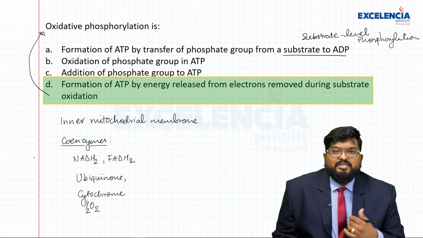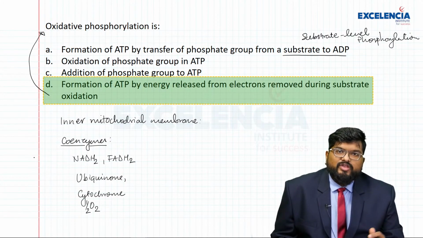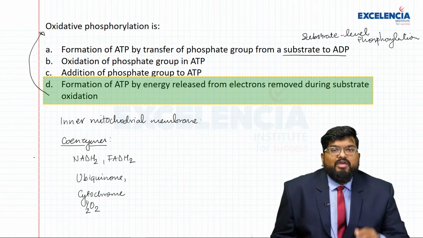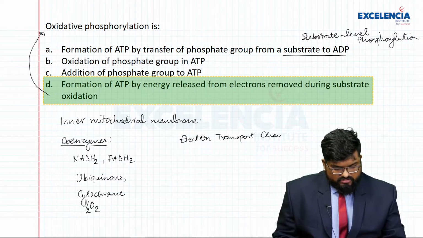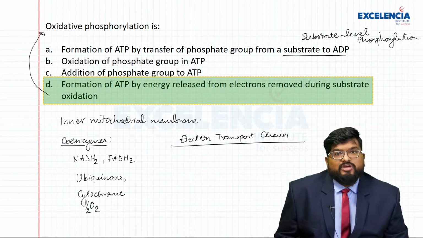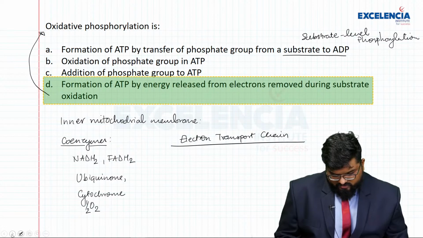Since this involves oxidation and the transfer of energy for ATP formation, this is known as what? Oxidative phosphorylation. And the progression is known as the electron transport chain. Correct? So that is what is oxidative phosphorylation.